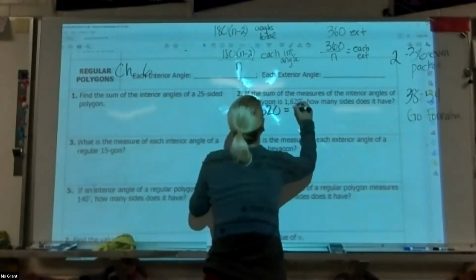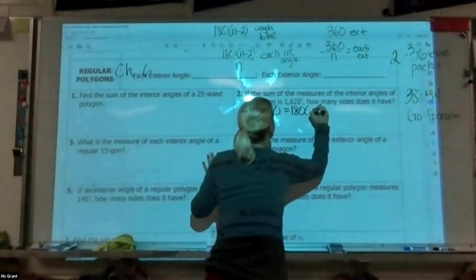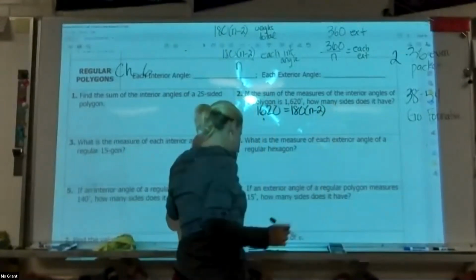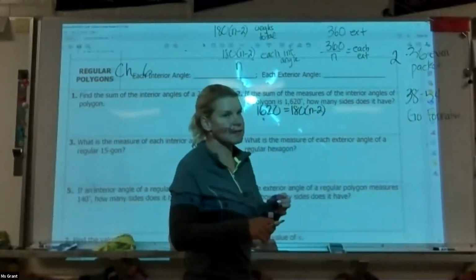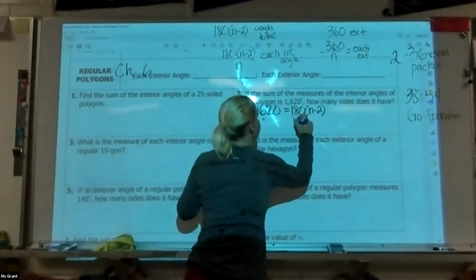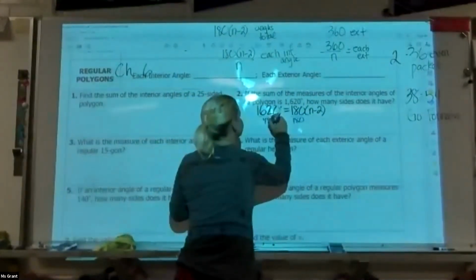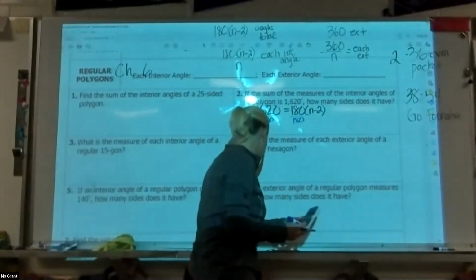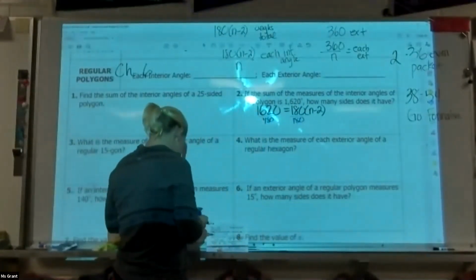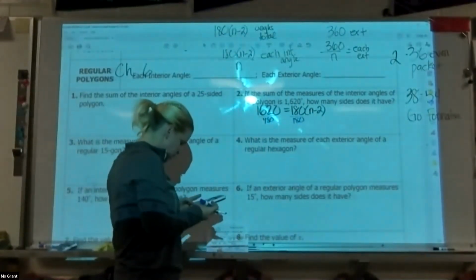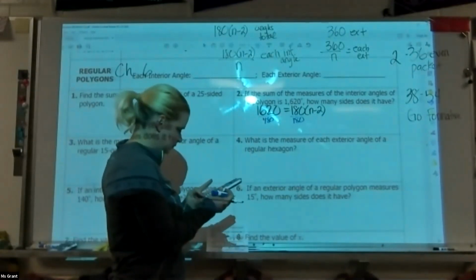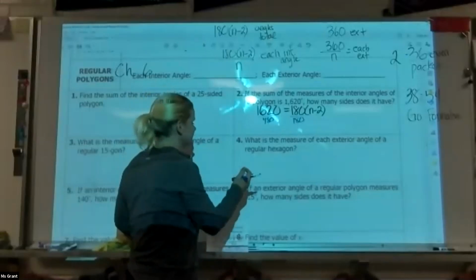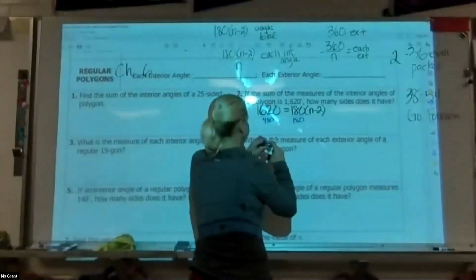I set that equal to 180 times n minus 2. To solve this, divide both sides by 180. Solving for n, right? 1620 divided by 180 is 9.